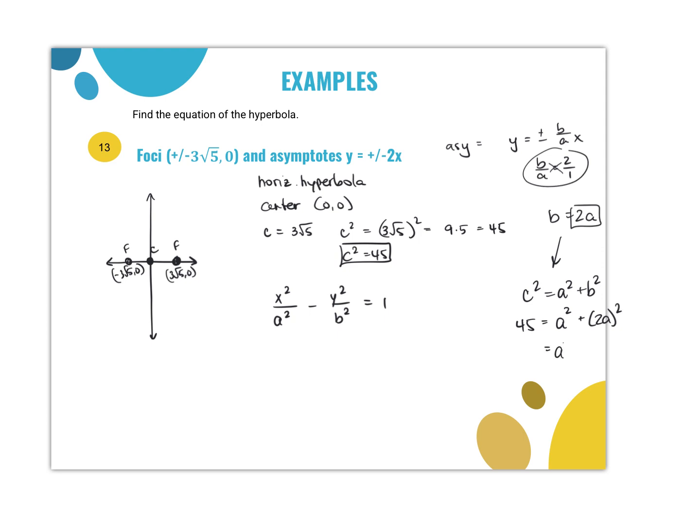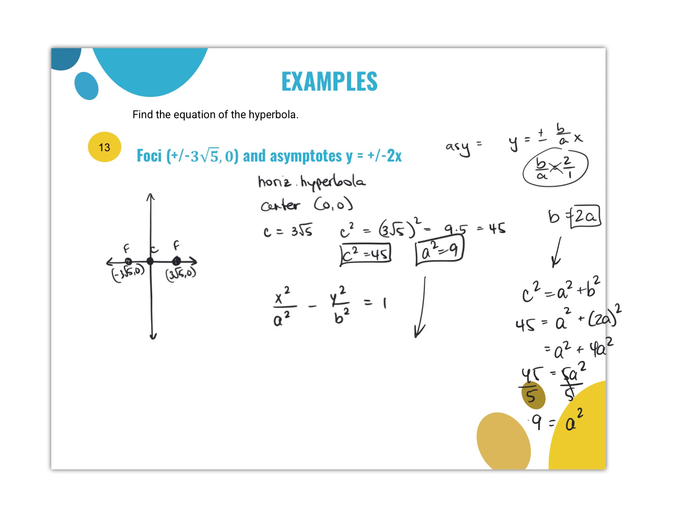So it's going to be a squared plus 4a squared, or 5a squared. So 45 equals 5a squared, and if I divide both sides by 5, I'm going to get that a squared equals 9. And so guess what? I got my first new value. I've got a squared equals 9.